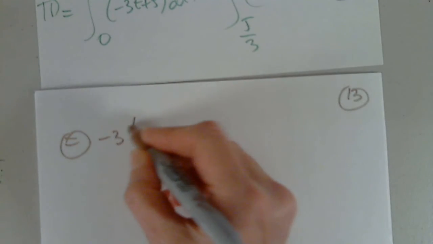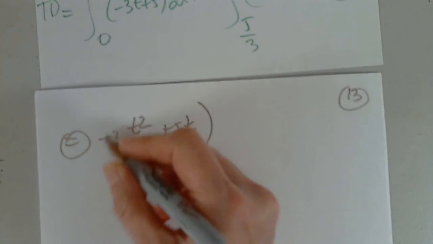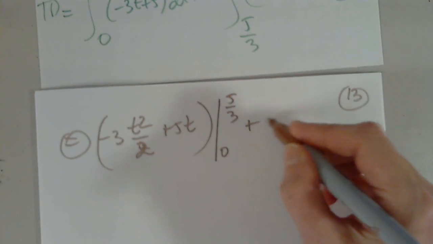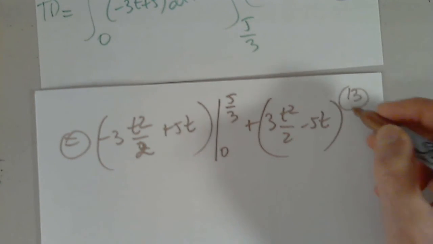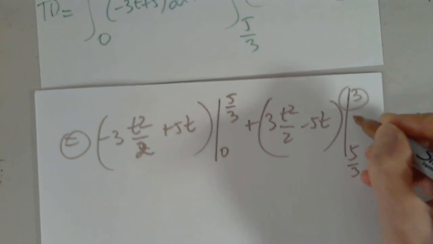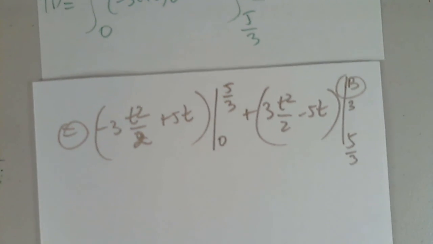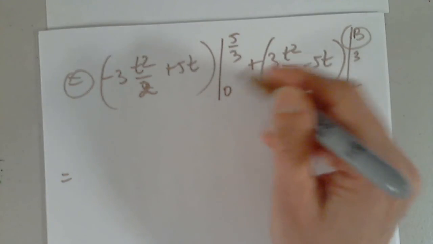So negative 3t squared over 2 plus 5t from 0 to 5/3, plus 3t squared over 2 minus 5t from 5/3 to 3. Okay, I don't have to plug in 0, luckily.